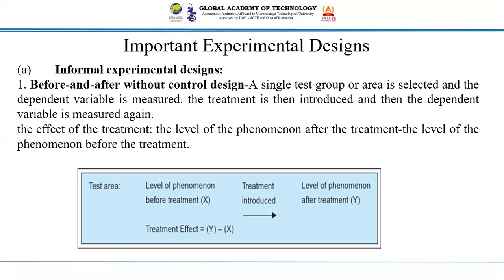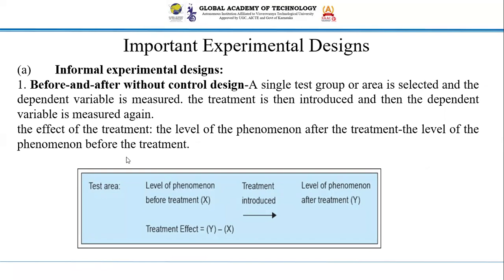Important experimental designs. So here you have informal experimental designs, that is before and after without control design. Which means that a single test group or area is selected and the dependent variable is measured. The treatment is then introduced and then the dependent variable is measured again.